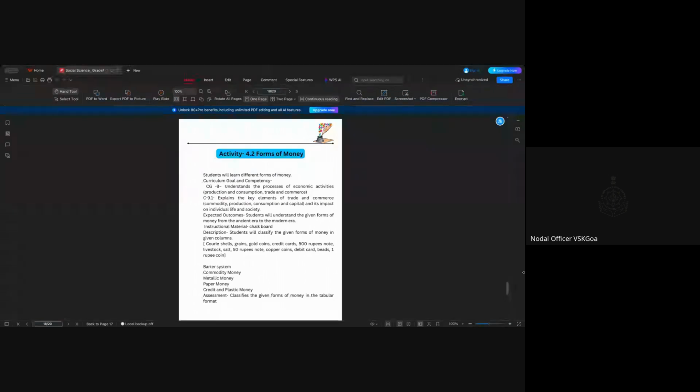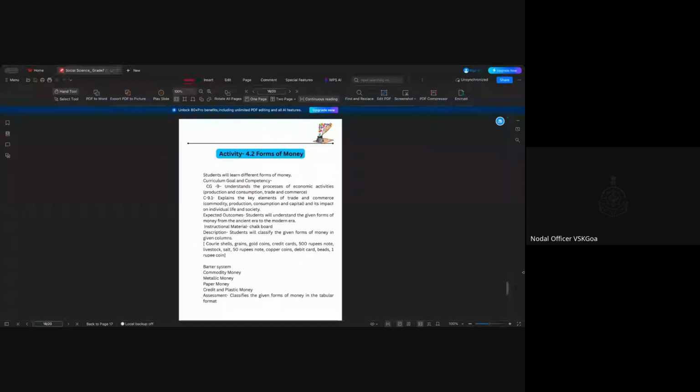Then the teacher may provide the columns under which the students are supposed to distribute these, with headings like barter system, commodity money, metallic money, paper money, credit and plastic money.